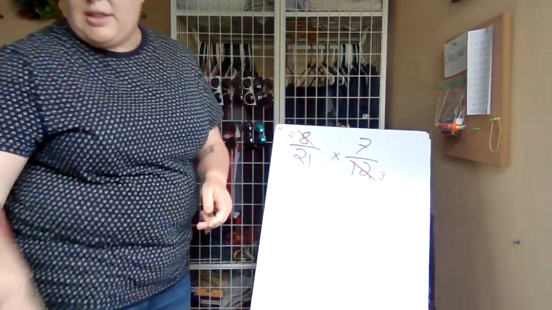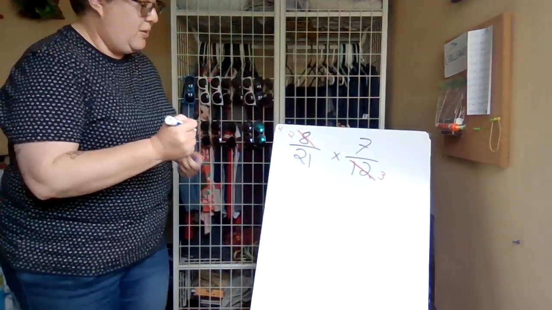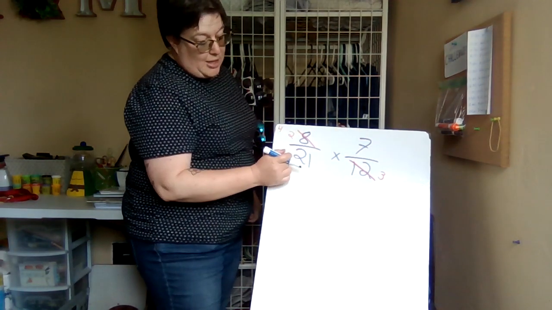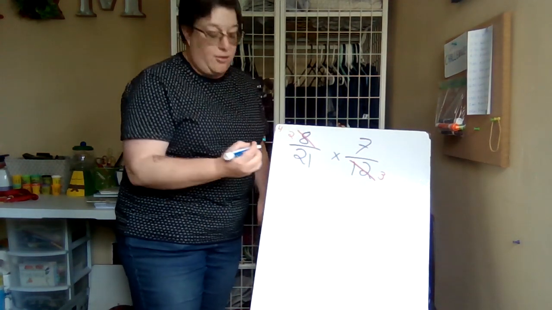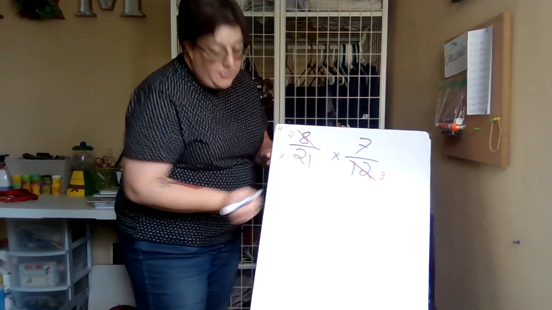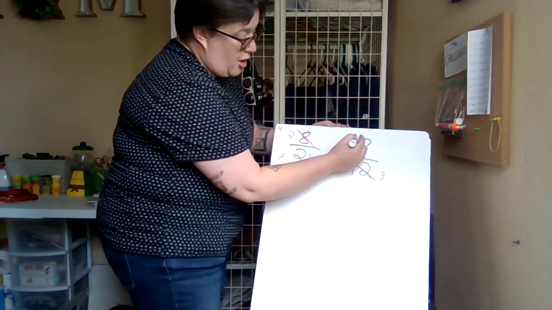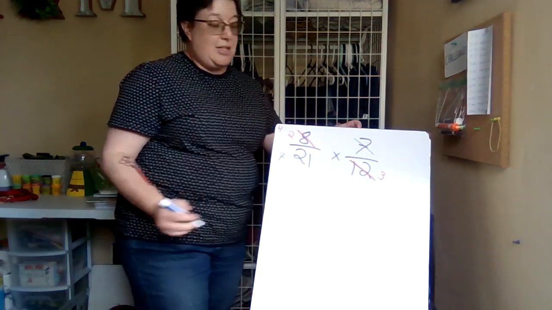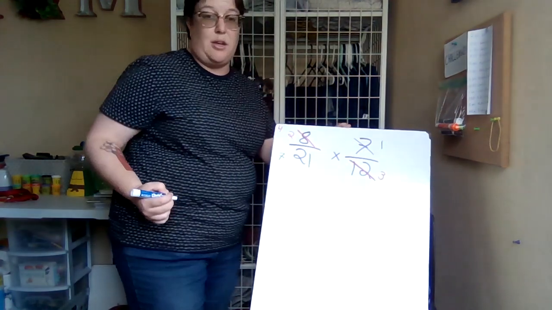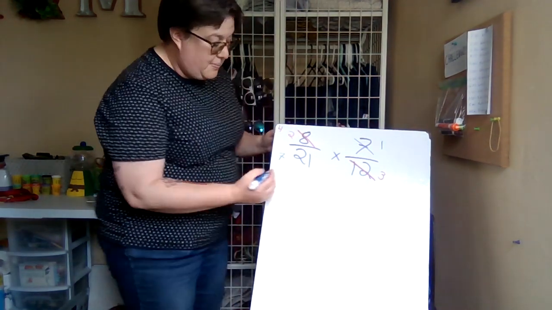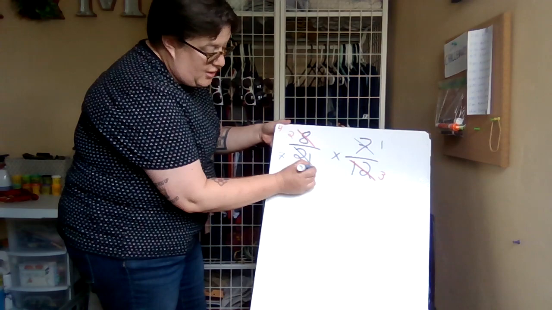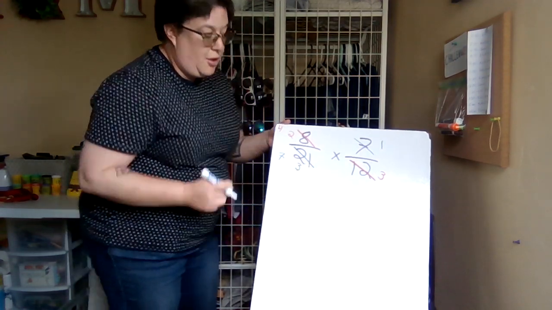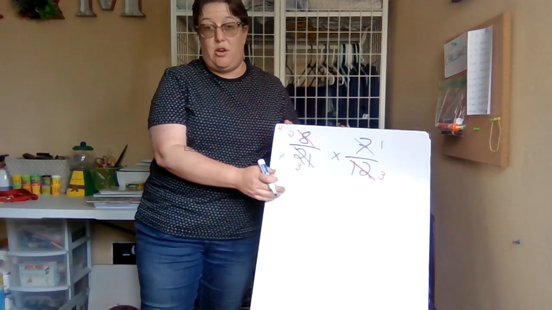Then we do the same thing for 7 and 21. The number that we said we were going to divide those by was 7. So we're going to start up here. 7 divided by 7 is 1, that's going to be our new numerator on that fraction. 21 divided by 7 is 3. So that's going to be my new denominator on that one.